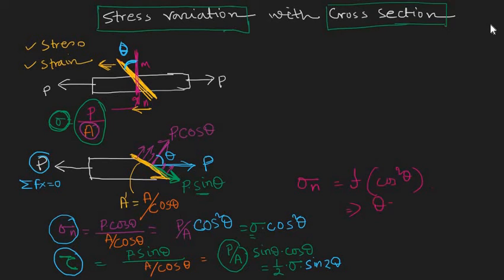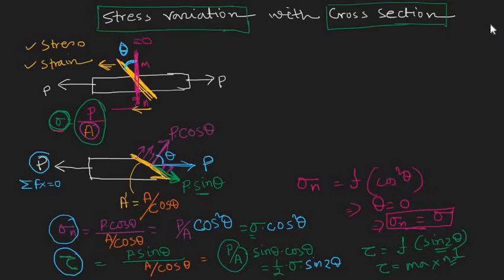That means when theta is equal to 0, sigma n is equal to sigma, and when theta becomes 0, of course the plane becomes MN, and that's why sigma is equal to P by A. So it is validated. And what about shear stress? Here shear stress is a function of sine 2 theta. That means if sine 2 theta is equal to 1, in that case tau is maximum.